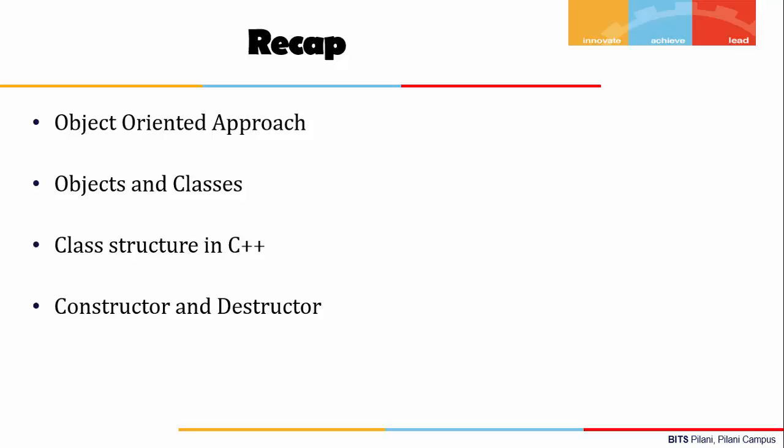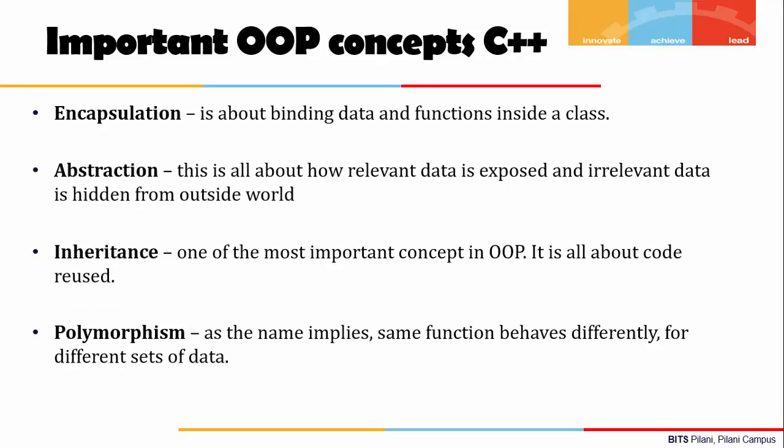Now, today we will study object-oriented programming in C++. The object-oriented programming language is divided into 4 major concepts. We will start with encapsulation. It is the mechanism that binds code and data together and keeps them safe and away from outside interference and misuse.